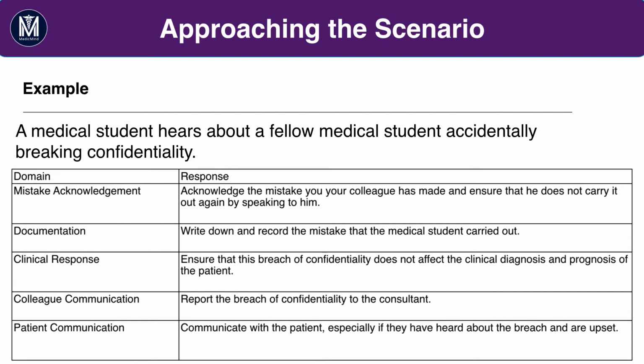Ensuring that this breach of confidentiality does not affect the clinical diagnosis and prognosis of the patient is a very appropriate clinical response. Reporting the breach of confidentiality to the consultant is a very appropriate example of colleague communication. And lastly, communicating with the patient, especially if they had heard about the breach and are upset, is a very appropriate form of patient communication.